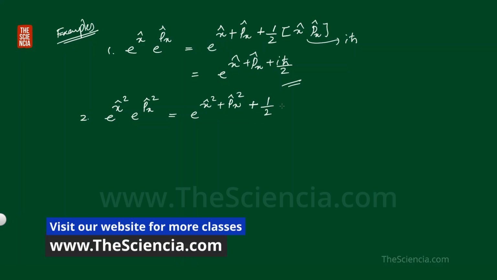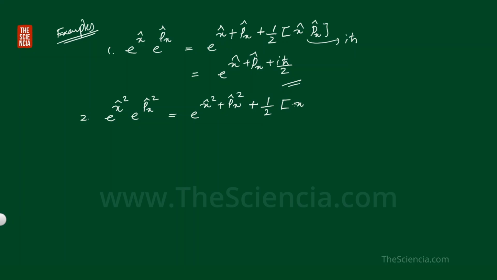Okay, so that is 1 by 2 commutator x cap square comma p x cap square. We already found this value, the commutator of x cap square and p x cap square, that is equal to 2i h cross into x cap p x cap plus p x cap x cap, right?